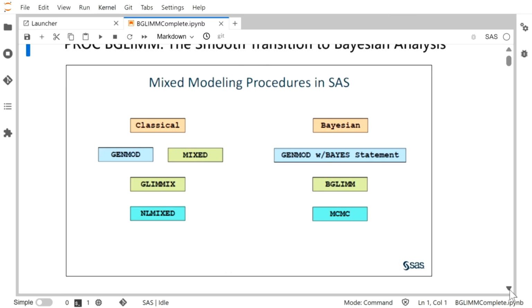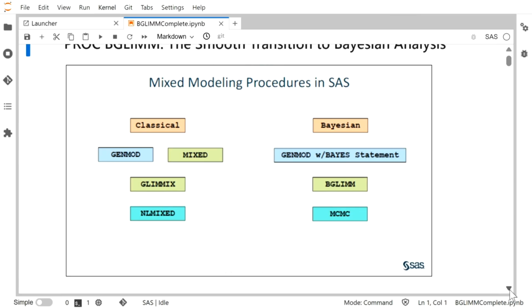If you have a Bayes statement, that's like putting a Bayesian blanket across a classical procedure. And what always happens with blankets? They fall off. They don't adhere very nicely, because if you're trying to use things like GenMod or PHReg or LifeReg with a Bayes statement, you are very limited in what you are going to be able to do easily.